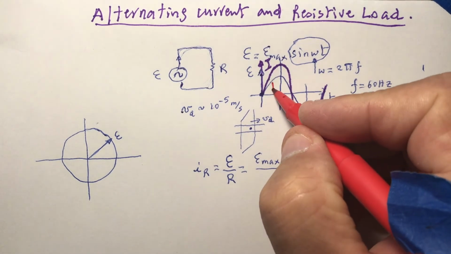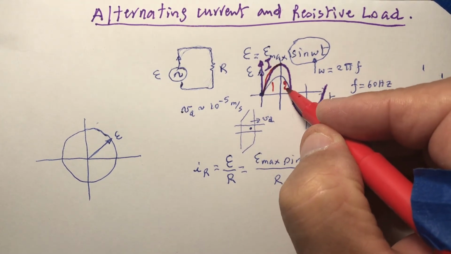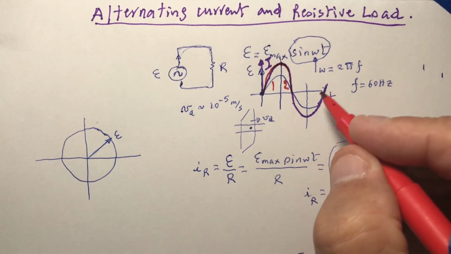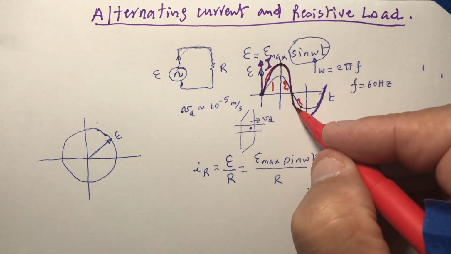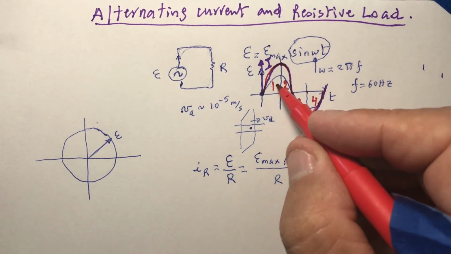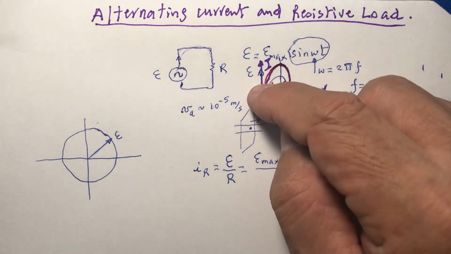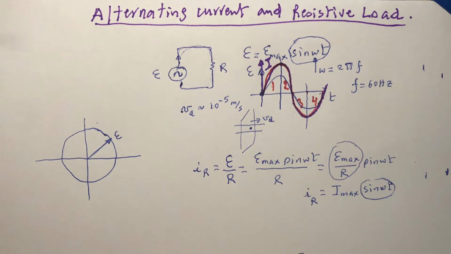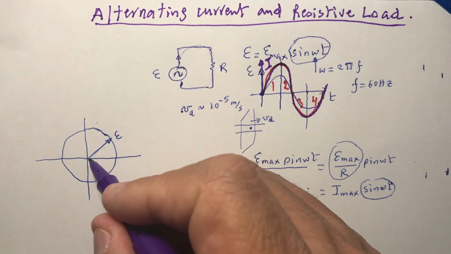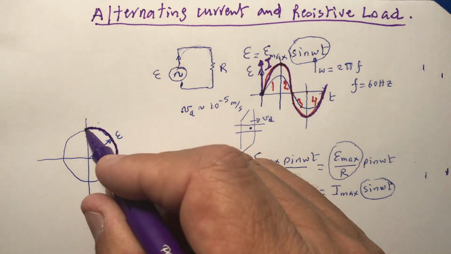I have this section, goes from here to there. I have this section 2, goes from here to there. I have this section 3, this quadrant here. And then I have section 4. 1, 2, 3, 4. So the phasor, when, for example, the voltage is going up, this phasor will go to this section here.